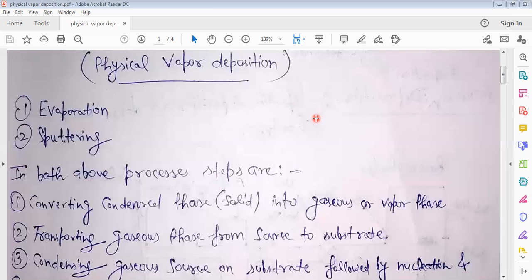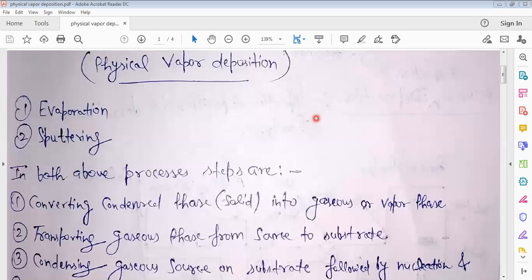So there are basically common steps in both these processes. What are those steps? The first step in both these processes is to convert solid into gaseous or vapor phase. Whatever metal you want to deposit is in solid form, and it is first converted into gaseous or vapor phase.